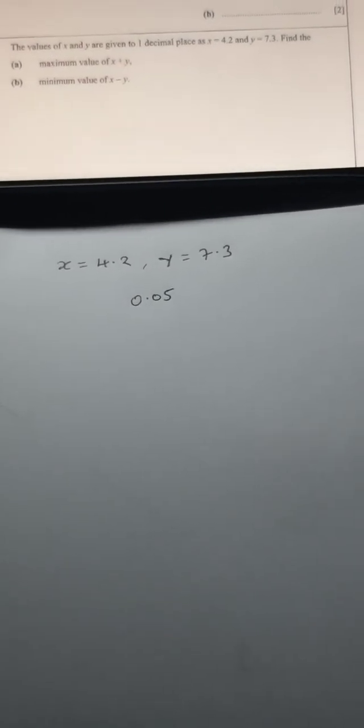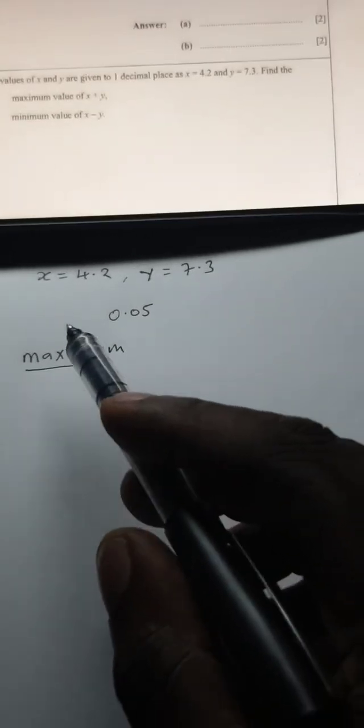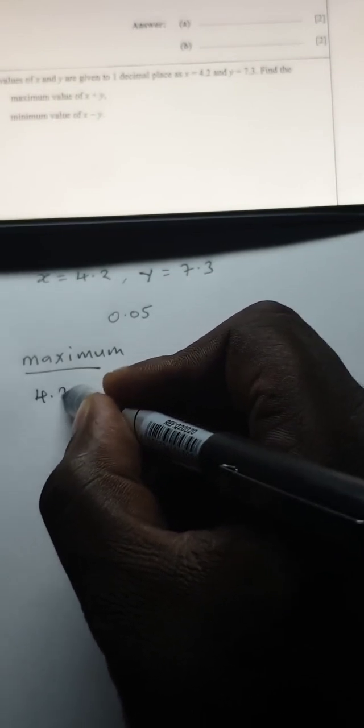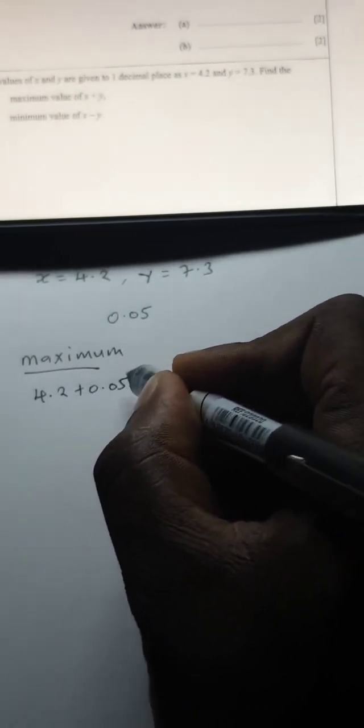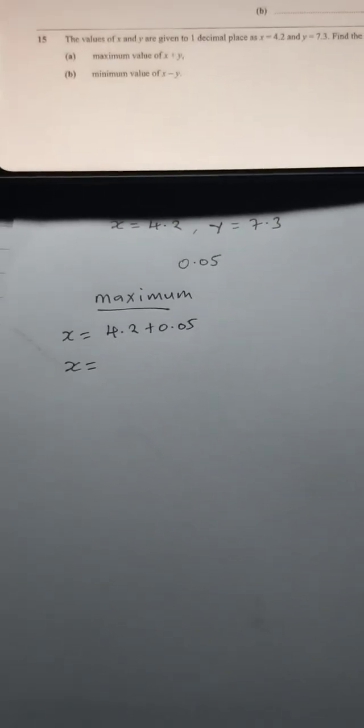So we need the maximum value of each, which is the same thing as the upper limit. The upper limit of X is 4.2 plus the absolute error. What is 4.2 plus 0.05?